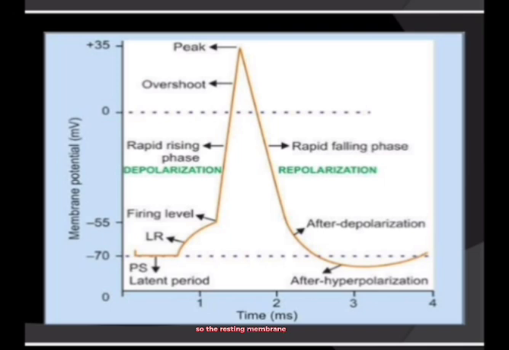So the resting membrane potential is actually decreasing. It moves from minus 70 to minus 65 until it gets to minus 55 millivolts, which is known as the firing level.